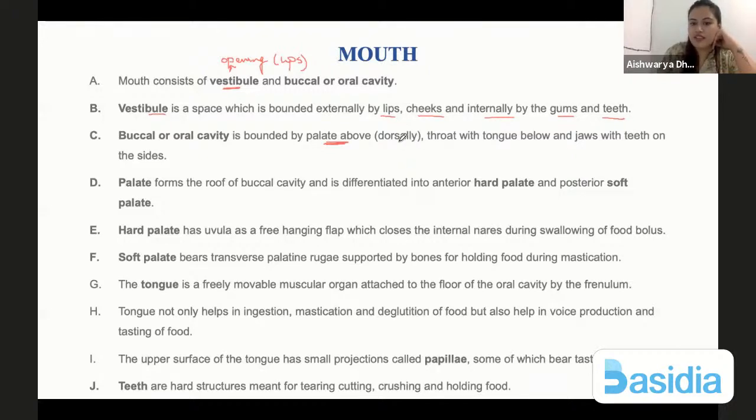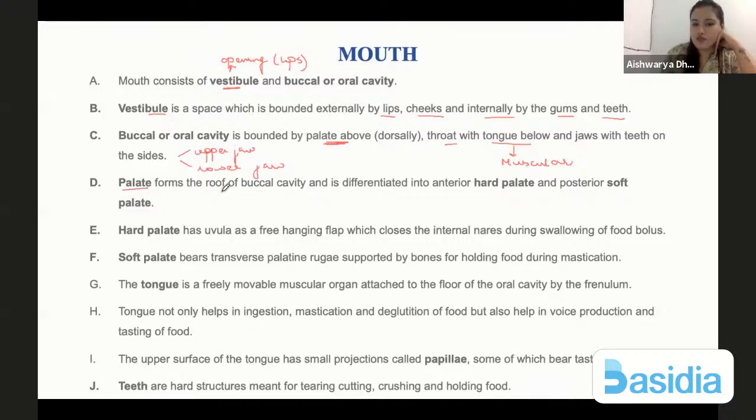So dorsal is the upper surface, ventral is the lower surface. The cavity also has a muscular tongue, and jaws with teeth on the sides. So we have two sets of jaws, upper jaw and lower jaw.